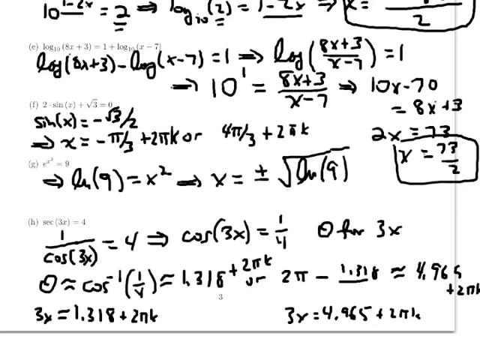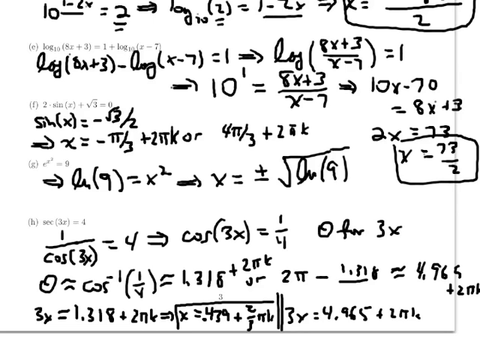So in order to solve for x, I need to divide both sides of these equations by 3, and I do have to divide each thing by 3. So when I do that, 1.318 divided by 3 will be 0.439, and now instead of plus 2 pi k, I'll have a third of that, 2/3 pi k. So this is one possible set of solutions.